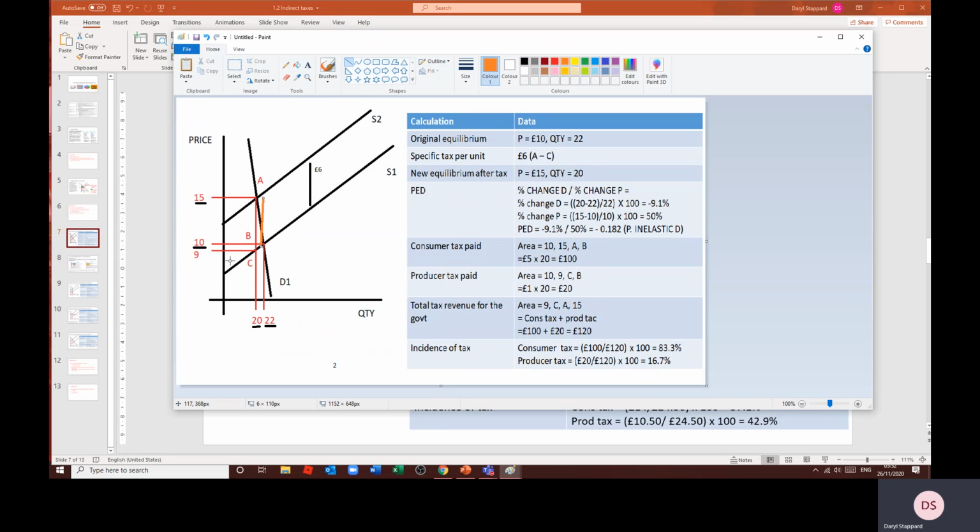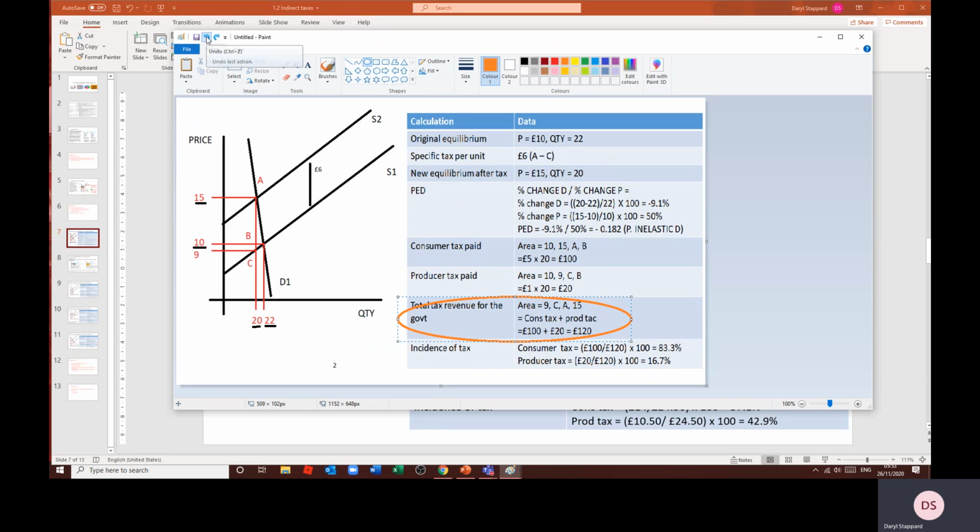And that £6 tax has been paid on all of that output of 20. So if you were calculating the tax paid in this marketplace, we would literally multiply 20, which is how much is bought and sold, by the £6 tax per unit. Now look what I can then show you. If I look at the numbers at the side, this therefore means that the total tax revenue is going to be £120. That is literally that 20, which is the output in the market, multiplied by the tax per unit.